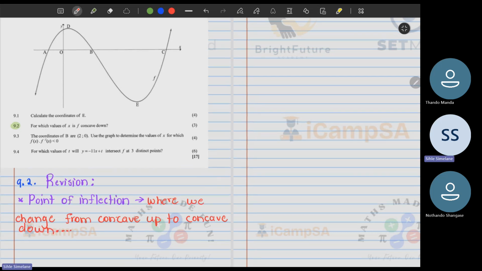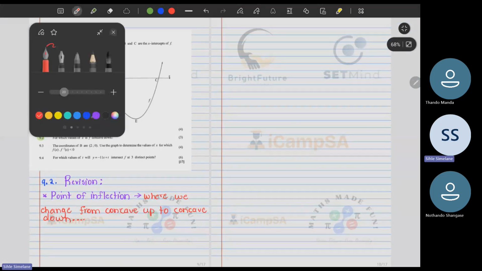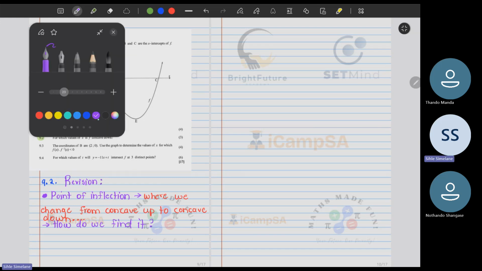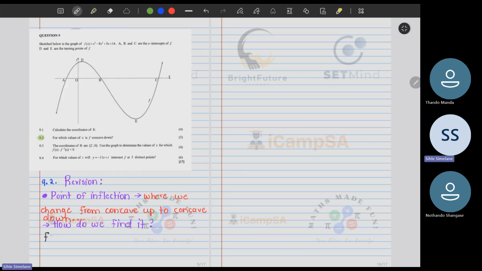Okay. And then now that we know the point of inflection has to do with concave up and down, the question becomes, how do we find it? How do we find it? And how we find this point of inflection is by having the second derivative of x equaling 0.